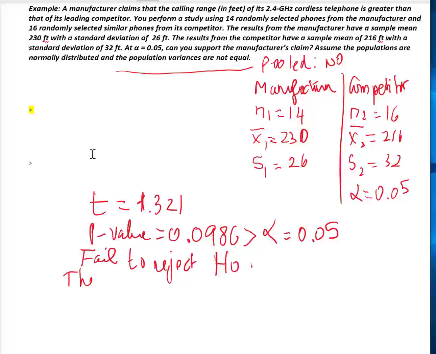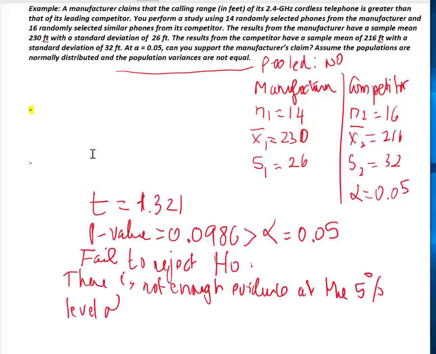Anytime you have a fail, you have to start with there is not enough evidence at the 1% or 5% level of significance to support the claim.